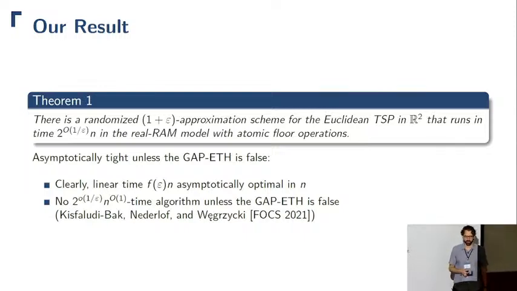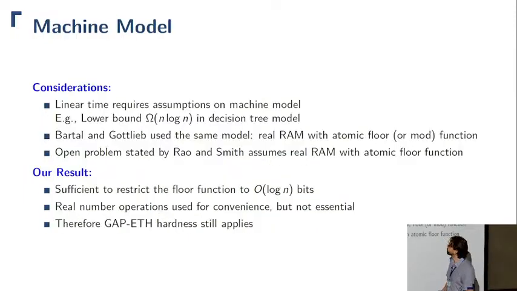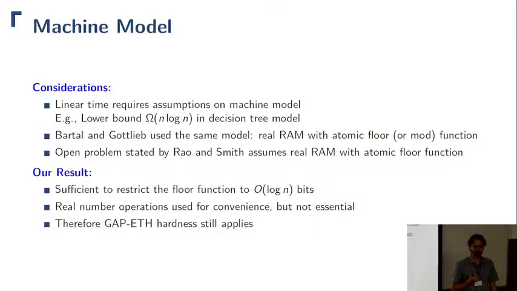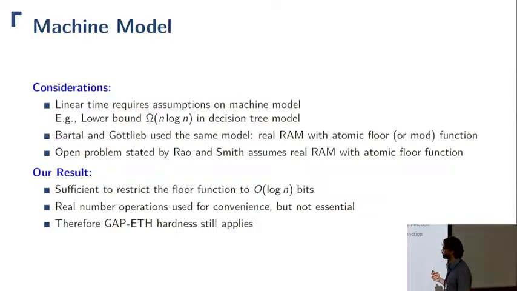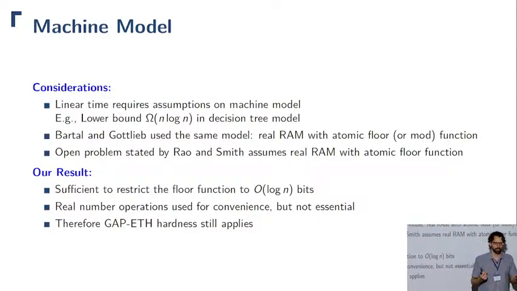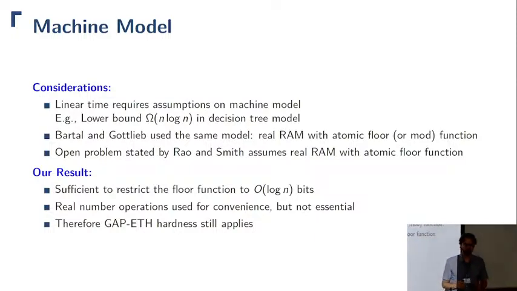But that is a very good point, because linear time just doesn't work if you don't consider the computational model. If you take an arbitrary model, you could take comparison-based algorithms, and then even sorting requires n log n. So with any model, you cannot have linear time.